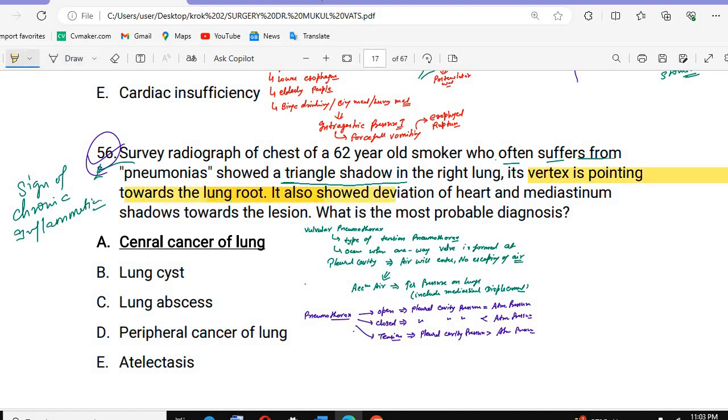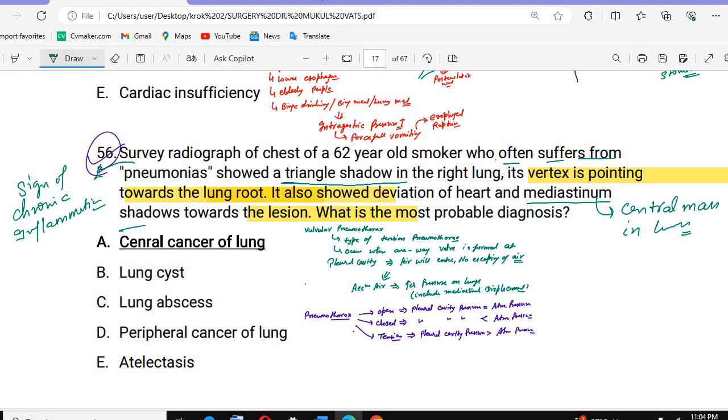It shows the displacement of the heart and mediastinum shadow towards the lesion. So what is the most probable diagnosis? If you see a mediastinal shadow towards the lesion, and the shadow is near the mediastinum, we can see that this is a central mass in the lungs.